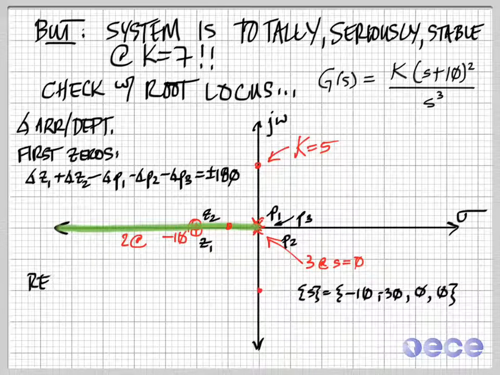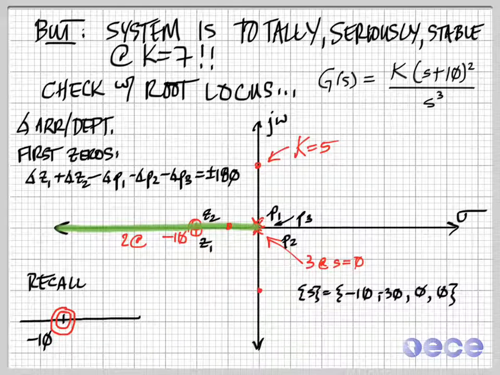So just if we zoom in here on where these two zeros are at minus 10, both of these zeros are at the same place, and we're going to pick some point epsilon, which is pretty close to one of these zeros. We don't know exactly what the angle of epsilon with respect to the zeros is going to be, but it turns out that this point epsilon is going to have the same angle for z1 that it does for z2.